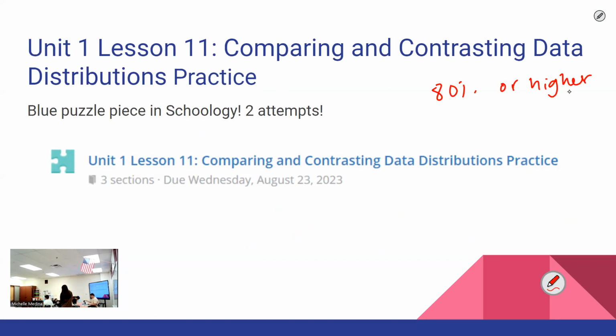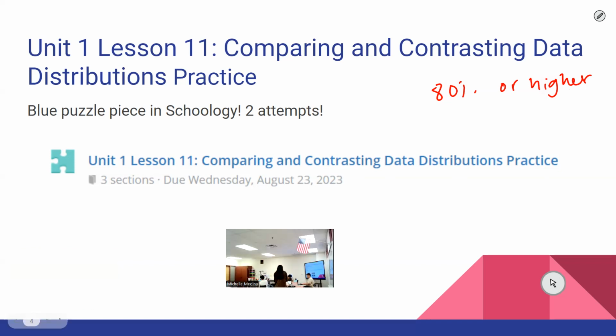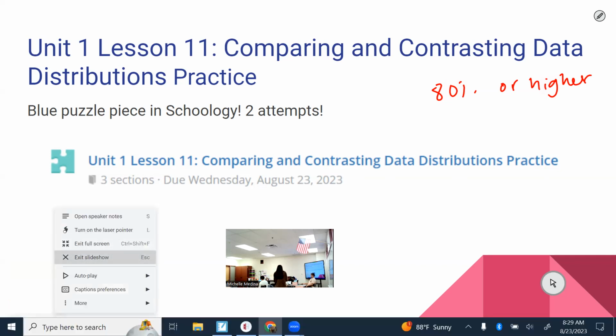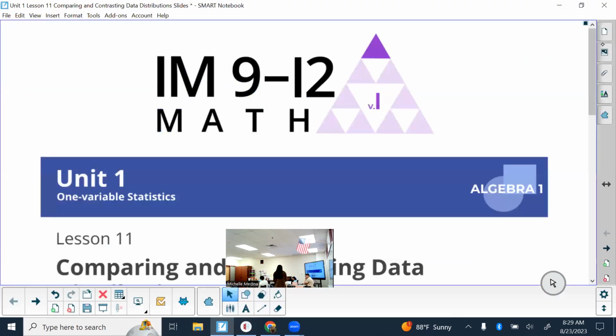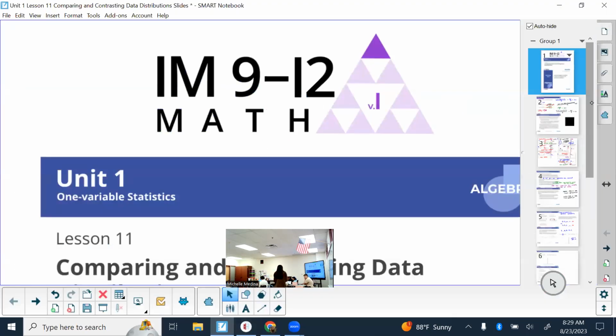Question: those ones in the middle, what do you do on a test? Does it really matter how the data is spread out? What do you mean, what I do with them on a test? Like if you have to choose. Oh, like when you were ranking them? Yeah, like the less or more spread out, if you had to choose between the 2 during the test. I think on a test, it'll be more straightforward. But if you can make an argument either way, when it marks you wrong, we can talk about it.